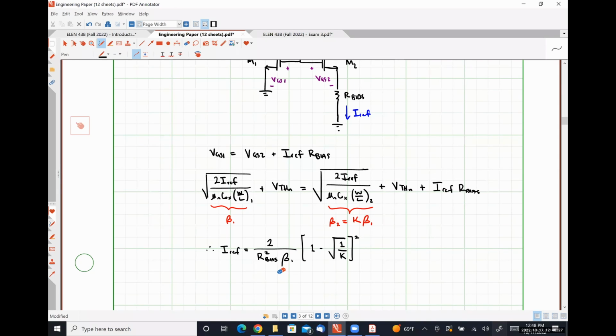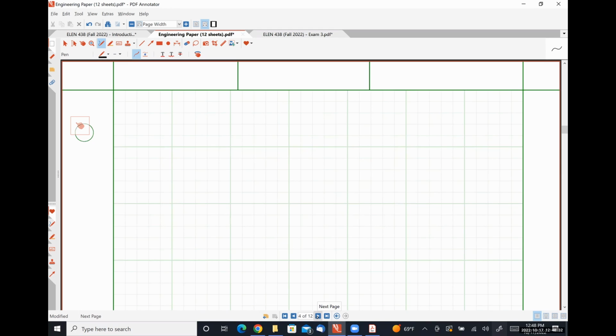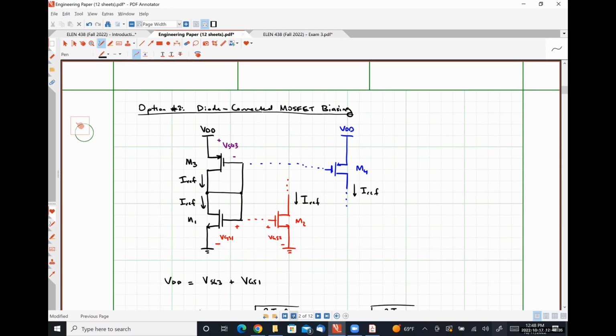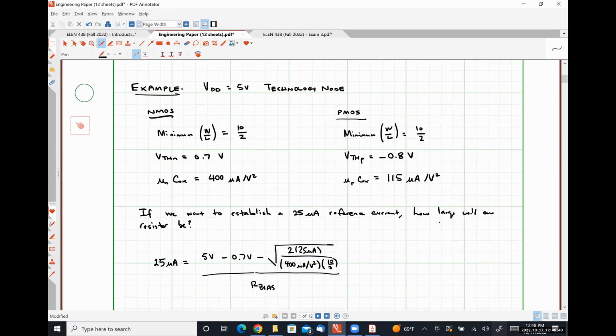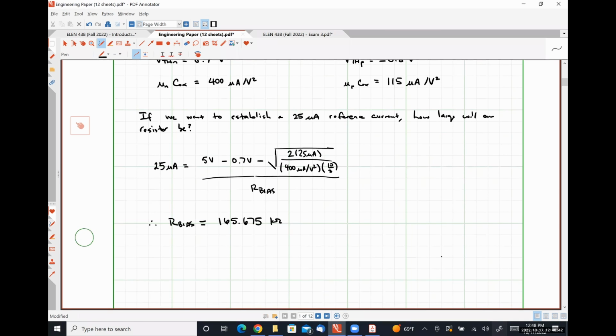So let's do a quick comparison here, okay? Actually, let's scroll back because it's been a couple of days. When we used a resistor to bias things over here, we found out that to achieve a 25 microamp reference current required us to utilize a 165.675 kilo ohm resistor, which, as I mentioned, is really physically large and annoying to implement.